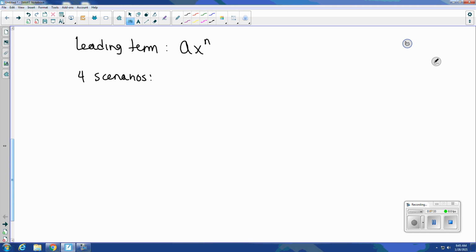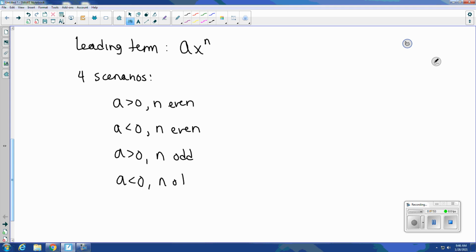We could have a is positive and our degree is even. We could have a being negative and the degree is even, a being positive and the degree is odd, or a is negative and the degree is odd. So let's observe each of these scenarios and determine what the end behavior should be.